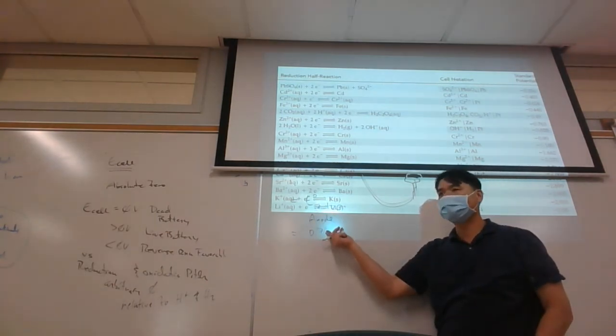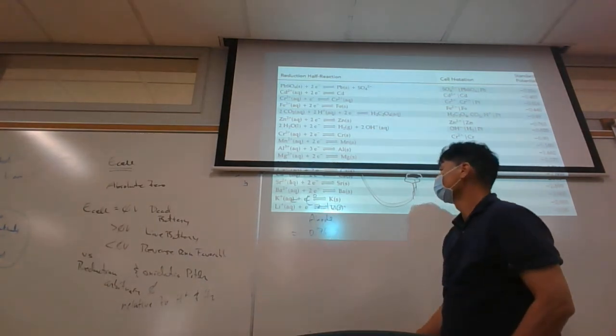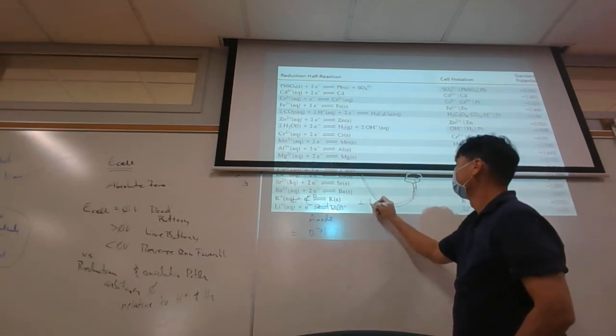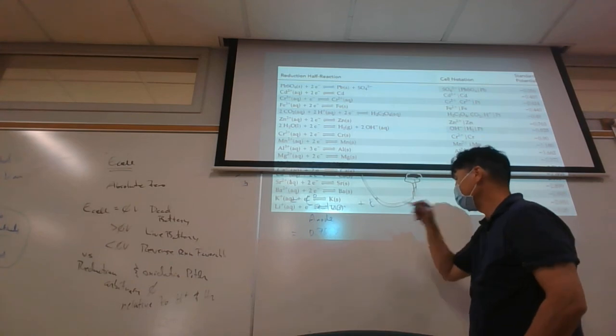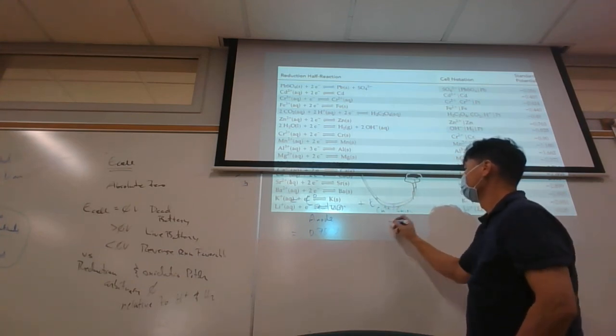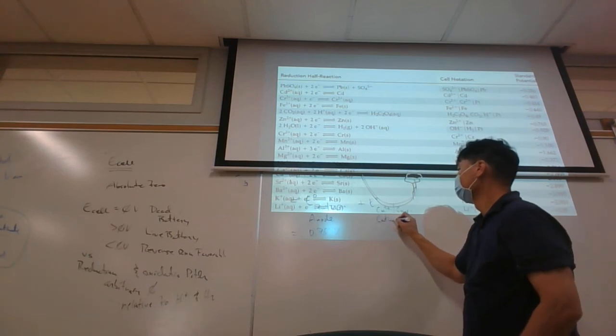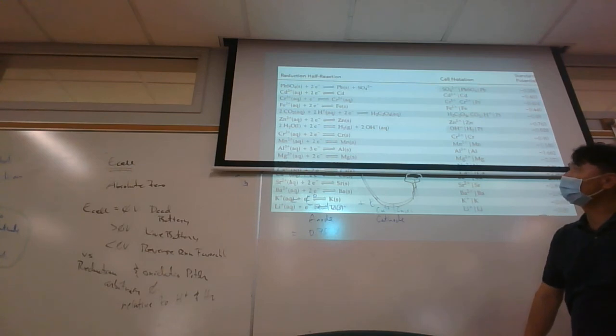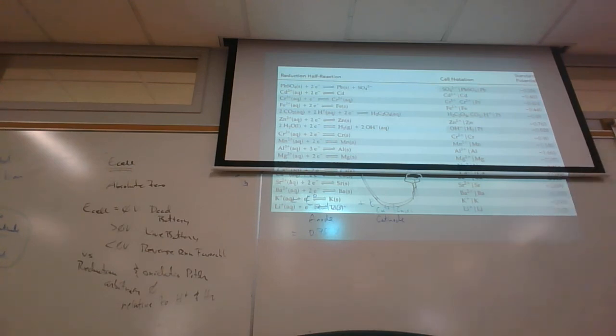Zinc is a great reducing agent. Plus the reduction potential for copper 2 goes to copper. And so this is the cathode. And so we're looking at the reduction potential here. So copper 2 goes to copper. What is the reduction potential?